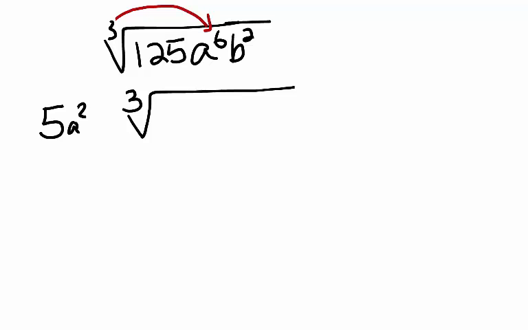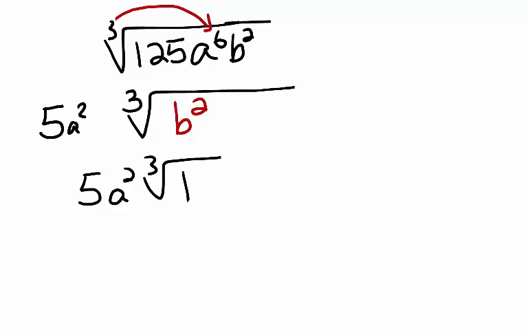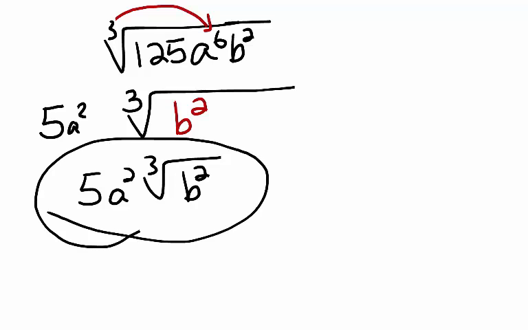It's not evenly dividing into it, so I need to leave b squared in the radicand. So I'm left with, let's rewrite this, 5a squared cube root of b squared. And so now our radical expression is completely simplified.